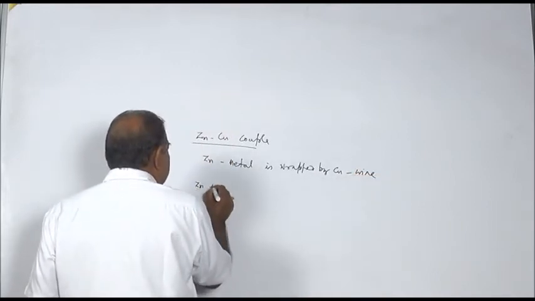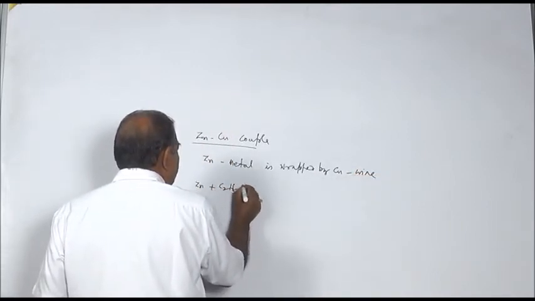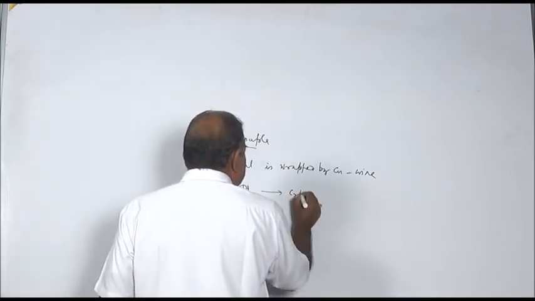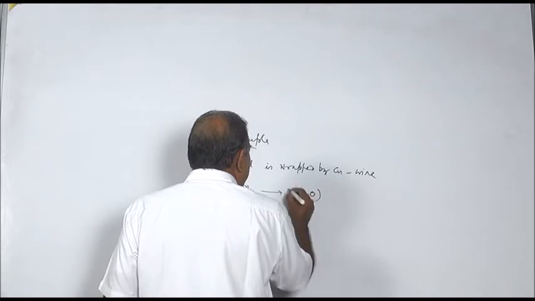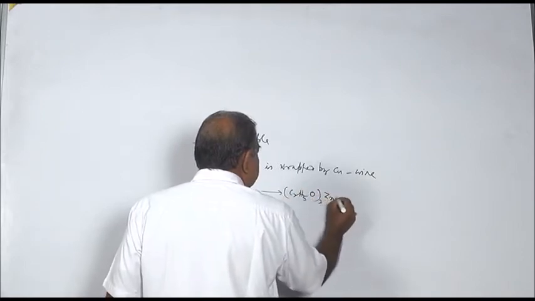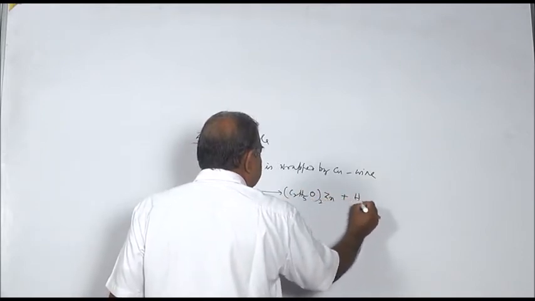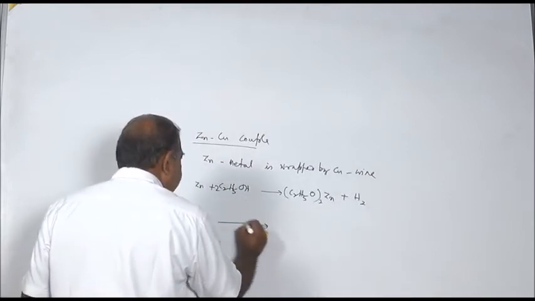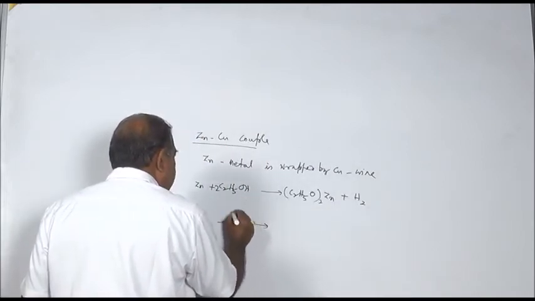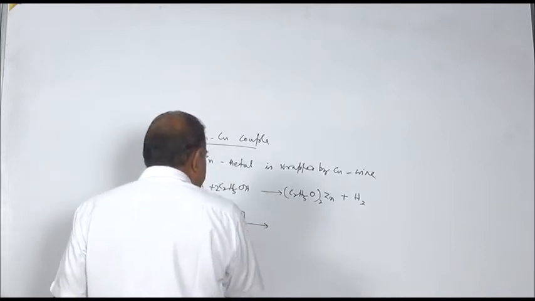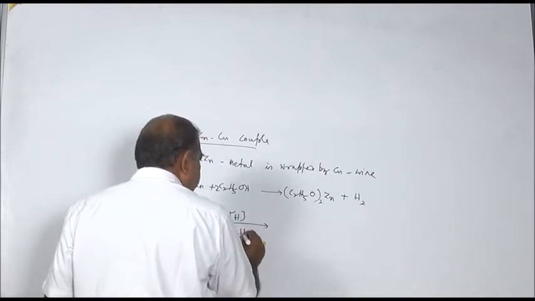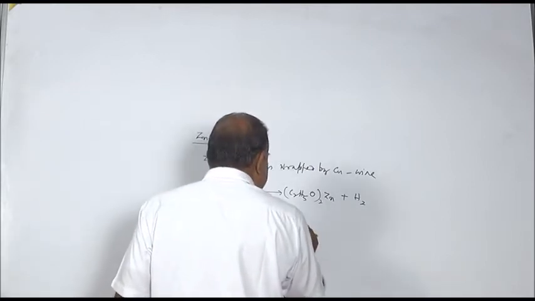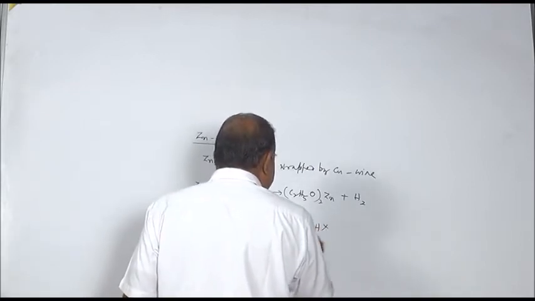Here zinc reacts with ethyl alcohol, two molecules of it reacting to form (C2H5O)2Zn, zinc ethoxide, plus hydrogen. This hydrogen so produced will reduce alkyl halide. This is the symbol for reduction. Two hydrogen atoms form RH and HX.